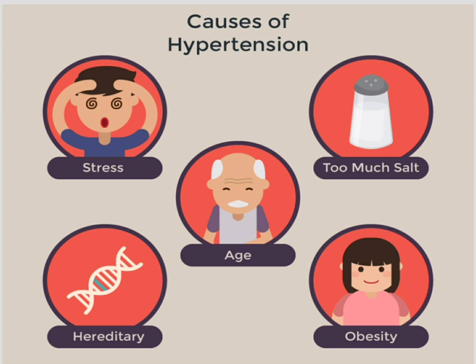It can be due to the age of the person. It can be if we are eating too much salt in our food, if we are obese, if we eat too much fat, if there is a lot of stress in our mind, or it can also be heredity. For example, if your parents have high blood pressure, there are chances that you may also get this disease of high blood pressure.